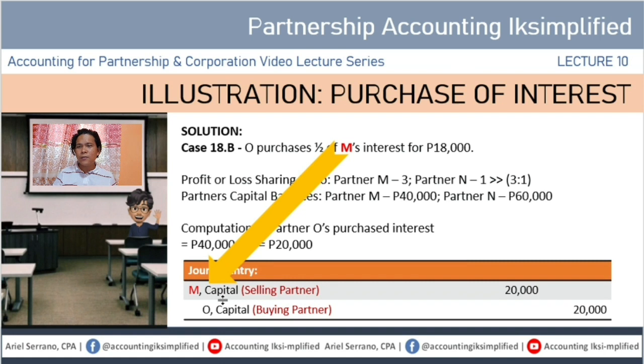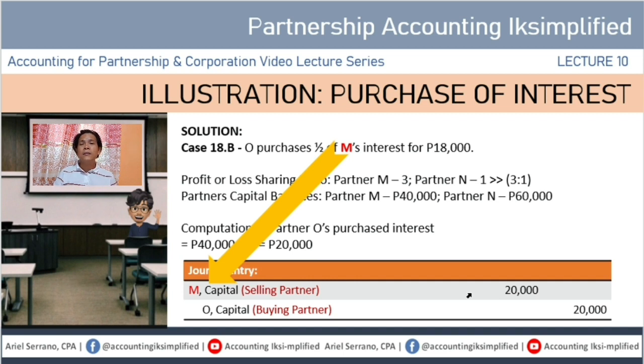Careful lang kasi dito sa example, M and N, baka magkamali lang. Tapos yung credit ay doon kay O capital for the amount of the interest acquired regardless of the amount actually paid. Kung 18,000 ito, 20,000 pa rin ang i-credit natin.